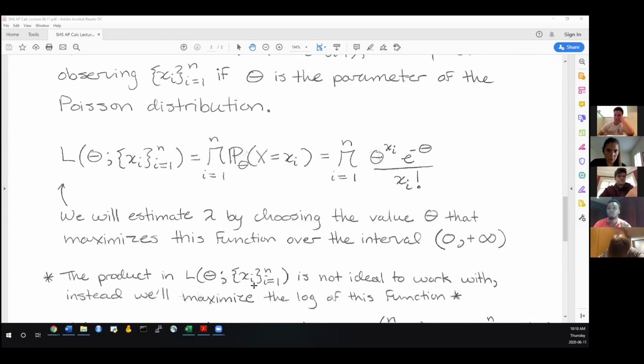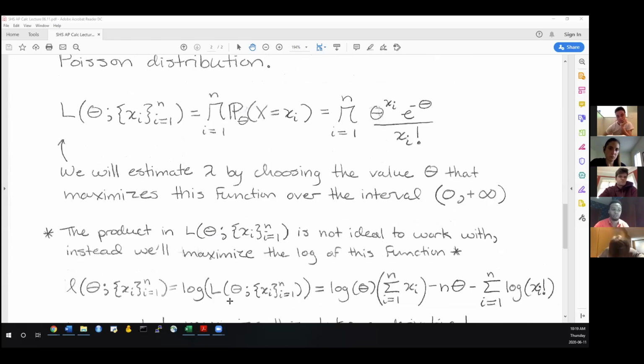The reason it makes sense to maximize the log of the function is that log is a strictly increasing function. So if some value maximizes a function, that same value will also maximize the log of that function, because log is strictly increasing, so you preserve that ordering of the values. And now when we take the log of the likelihood function, little l, now called the log likelihood, all of the products turn into sums.